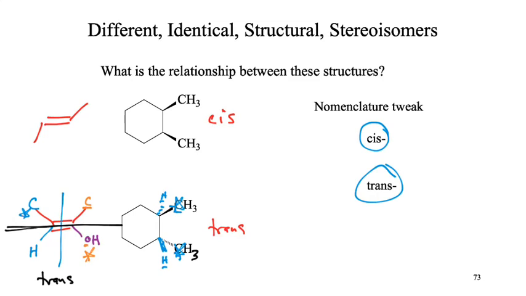Sigma bonds can rotate. Aren't those all sigma bonds? Why can't it rotate? Because it's in a cyclic... The cyclic structure prevented the rotation. And it prevents the rotation in most cyclic structures. If you add in enough carbons, now it will be able to rotate. How many carbons do you need? You got a model kit, figure it out.